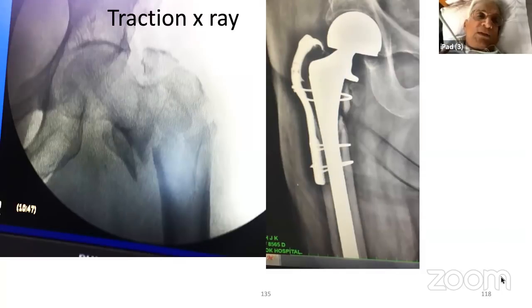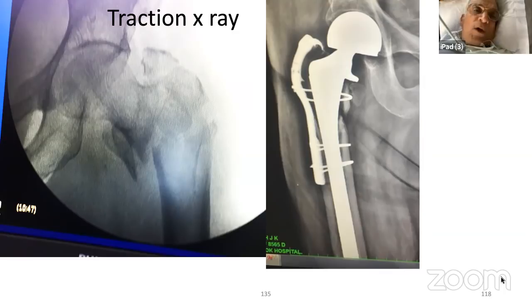So I did this. Now, the main thing which was done was, you can see the LT which was fractured. So I reconstructed the LT with that cerclage wire. Once you have reconstructed the LT, it almost becomes like a replacement in a transcervical fracture.